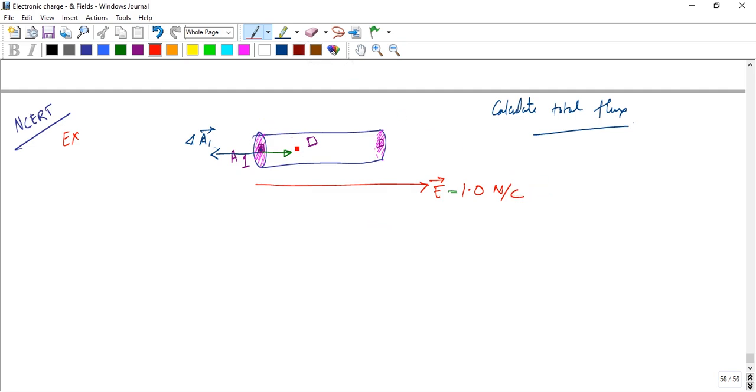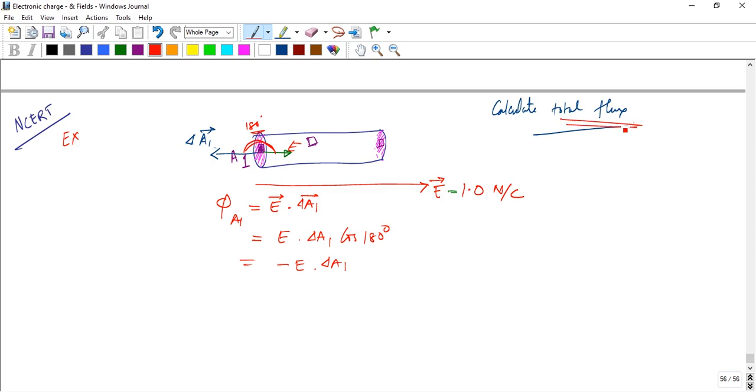So phi of A1, where the angle is 180 degrees, is equal to E dot delta A1. The angle between these two is theta equal to 180 degrees, so we get E times delta A1 cos 180, and cos 180 is minus 1. So phi 1 is minus E times delta A1.